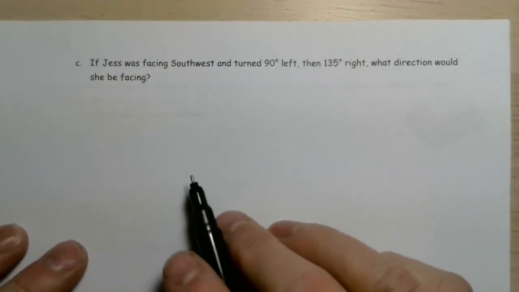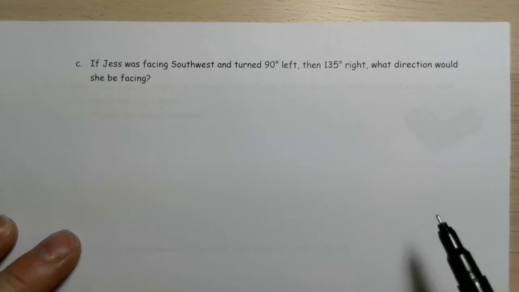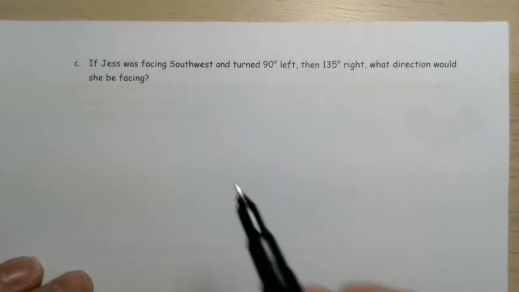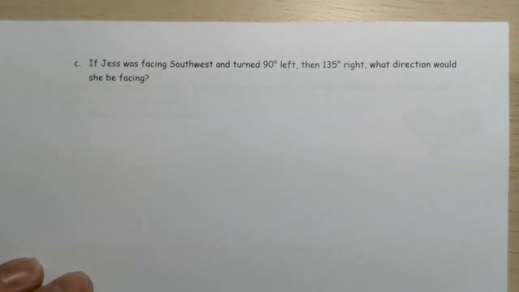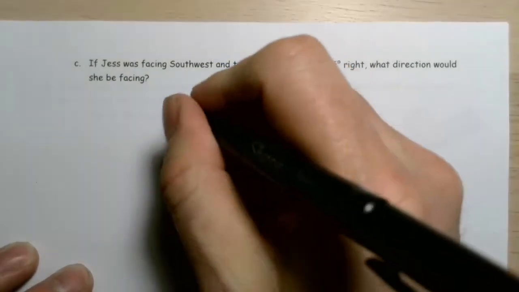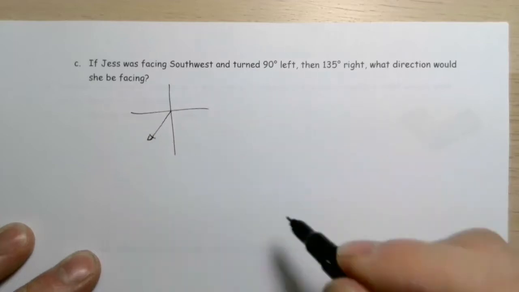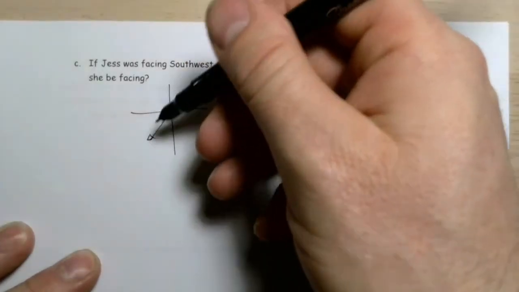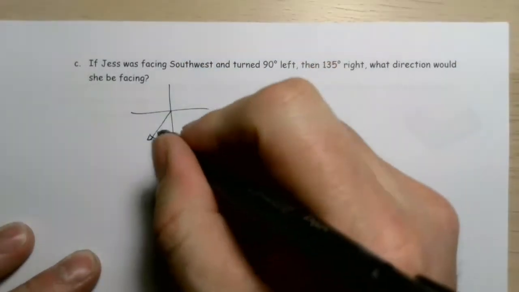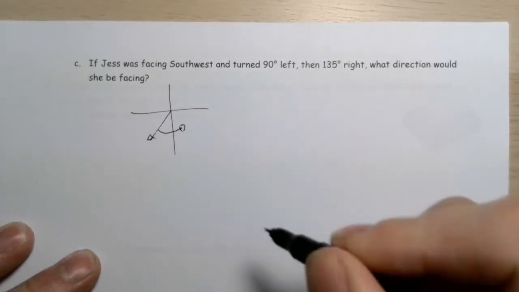Okay, if Jess was facing southwest, so that's where we left off, and turned 90 degrees to the left. So now 90 degrees to the left. So here we are. We're going to draw that compass out again. So she was facing this way, and now remember, she's facing this way. So if she turns to the left, it's going to be this way.